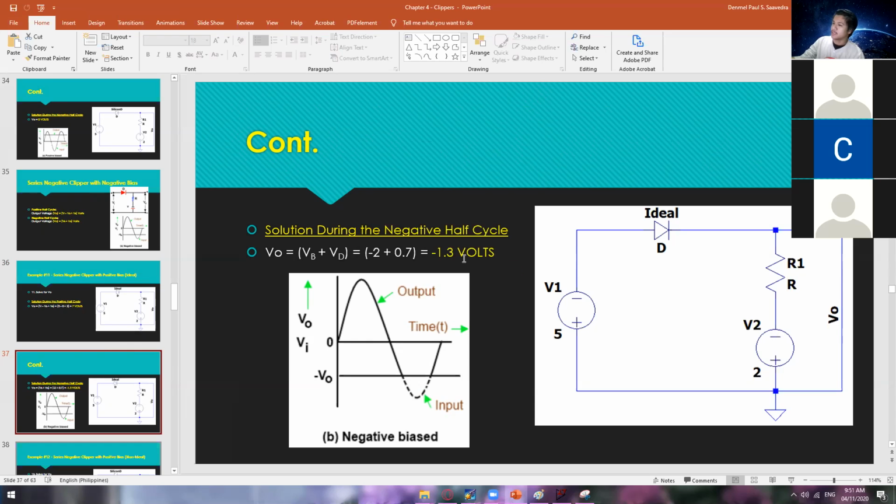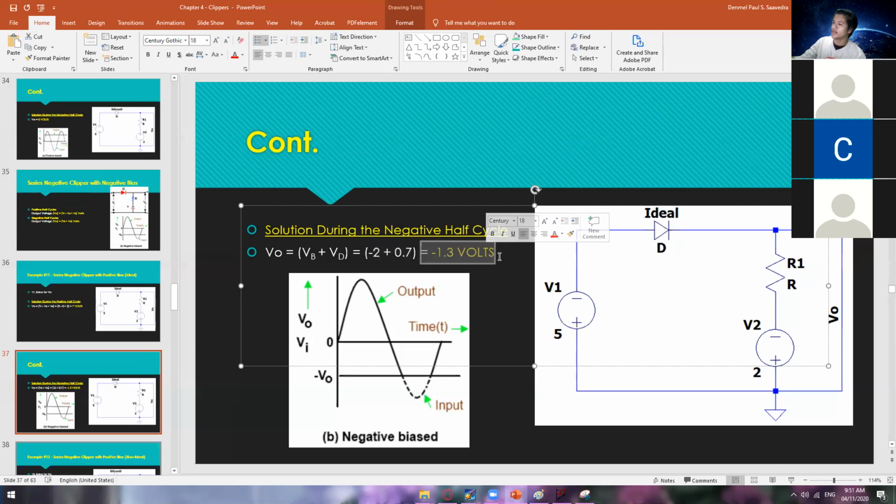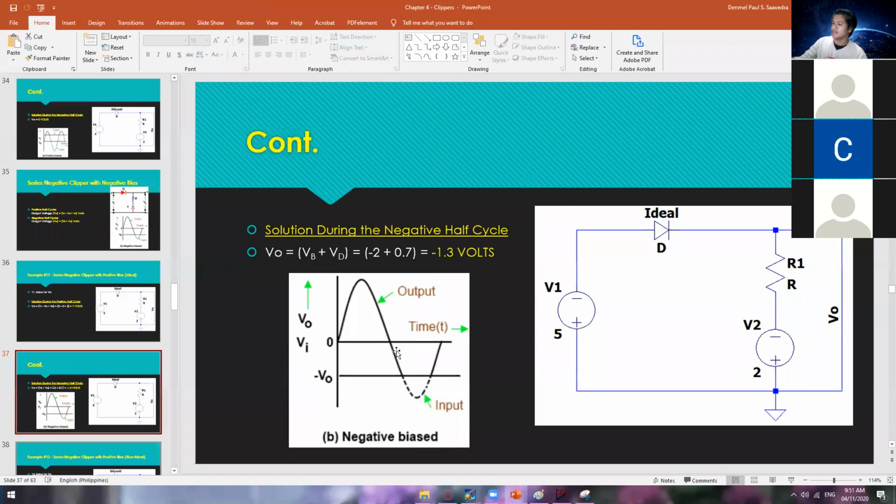As a result, you have to deal with the bias voltage and the voltage threshold of the diode. So -2 plus 0.7 is equal to -1.3 volts. Okay, so -1.3 volts up to this point. Then onwards will be in reverse bias. Okay, so 7 volts for the positive and then -1.3 volts for the negative half cycle.